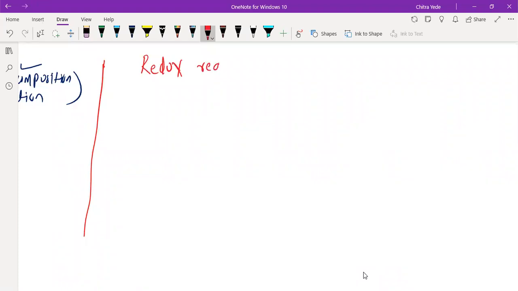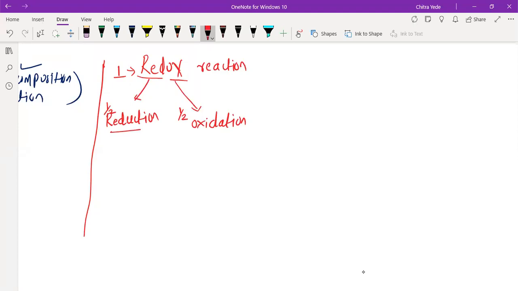Redox is formed by two parts, RED and OX. RED stands for reduction reaction and OX stands for oxidation reaction. So one redox reaction equals half oxidation and half reduction. Those reactions in which reduction and oxidation take place are called redox reactions.